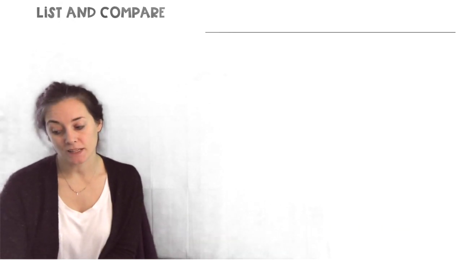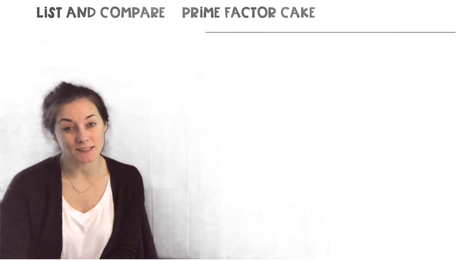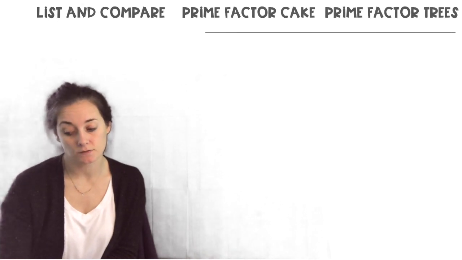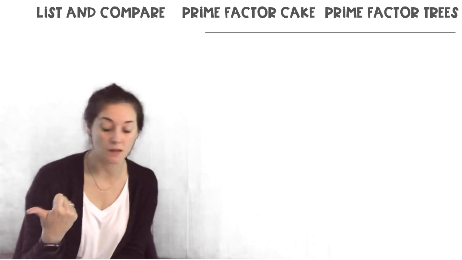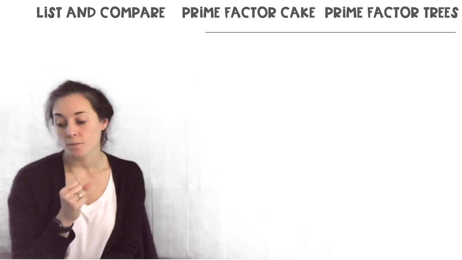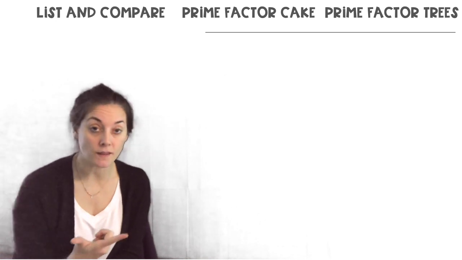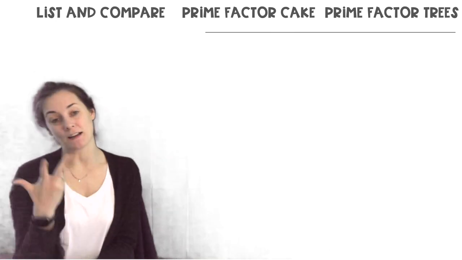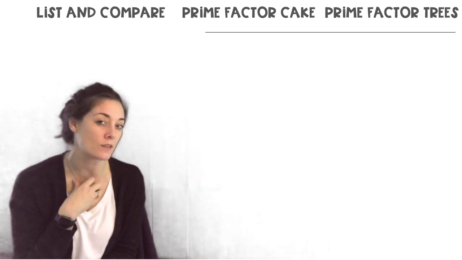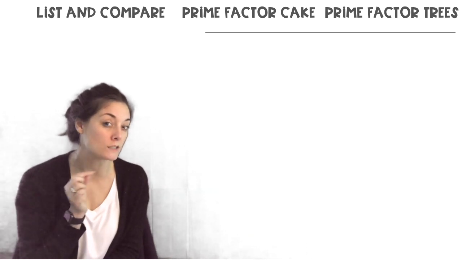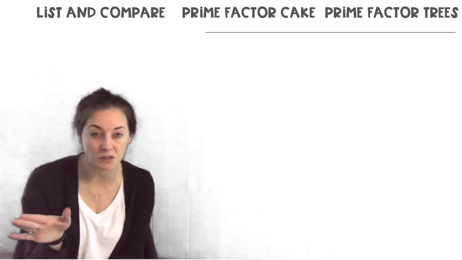This time, we actually have three different ways of finding GCF. We have list and compare, which we had with LCM. We had prime factor cake, which we had with LCM. And we had the prime factor trees, which you can actually do with LCM, but I find the factor trees with LCM much more difficult, so that's why I didn't show it to you.